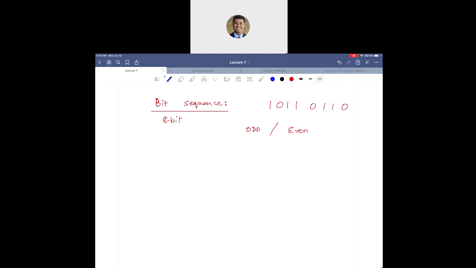The clue is in the number of ones in the bit sequence. So the number of ones are 1, 2, 3, 4, 5. Odd. So it has an odd parity.